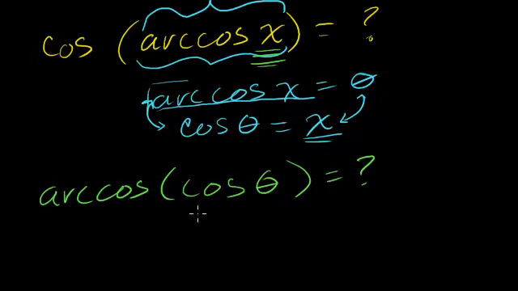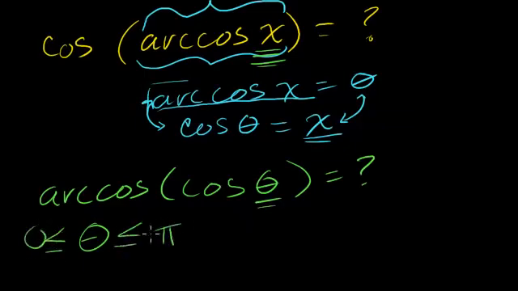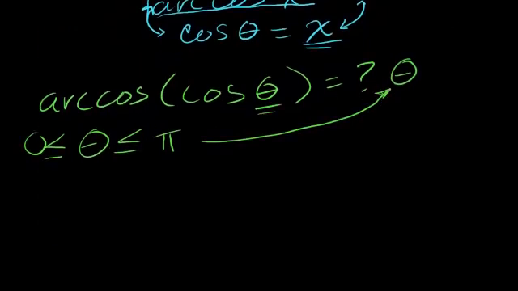So if theta is between 0 and pi, so it's in our valid range for the arccosine, then this will be equal to theta. But what if we take some theta out of that range? Let's try it out.